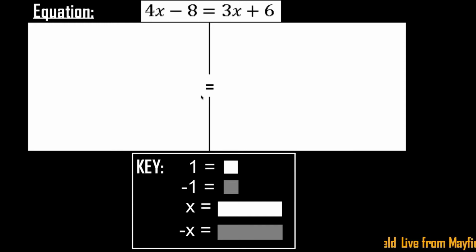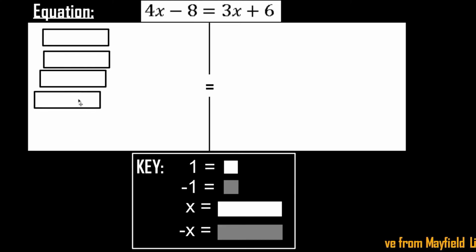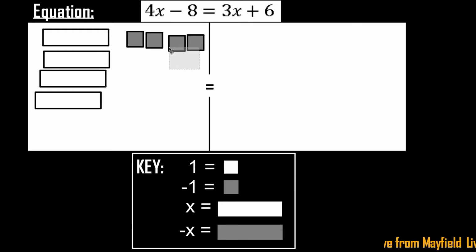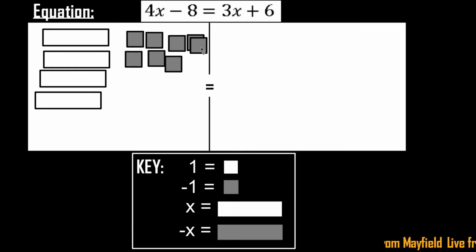So on the left side of our equal sign is this space here, and on the right side we have our 3x plus 6. Let's represent what we have. We have 4 positive x's, so I'm going to take 1, 2, 3, and 4. And then I have 8 negative 1s, shaded in. I'm going to take a shortcut: copy, paste, boom, 8 right there.